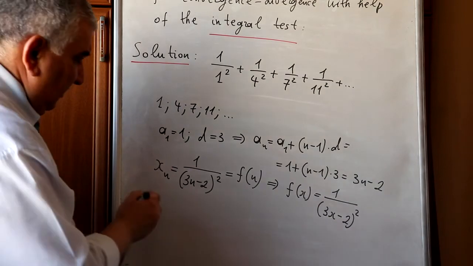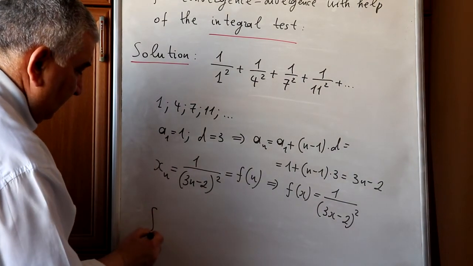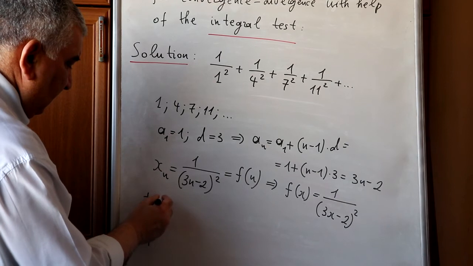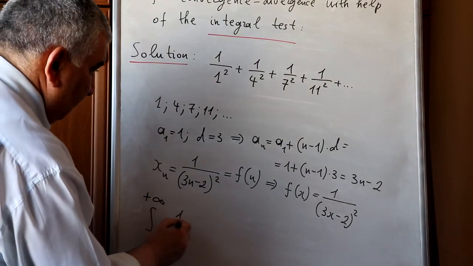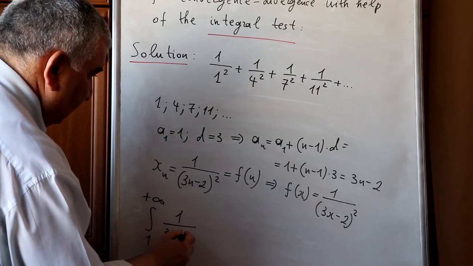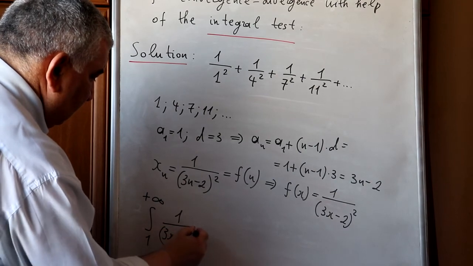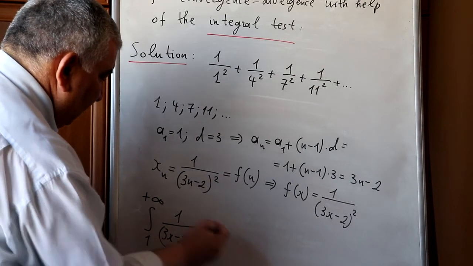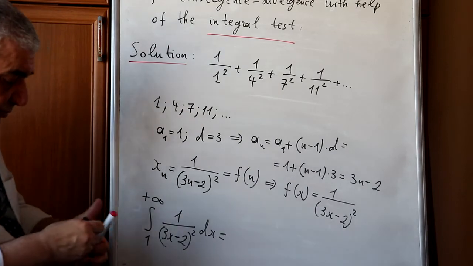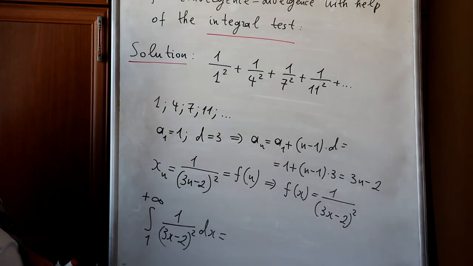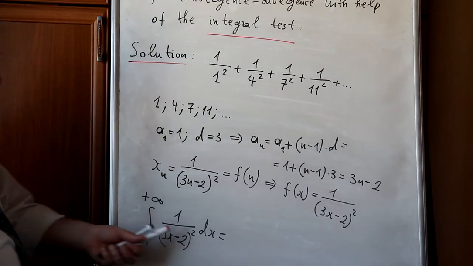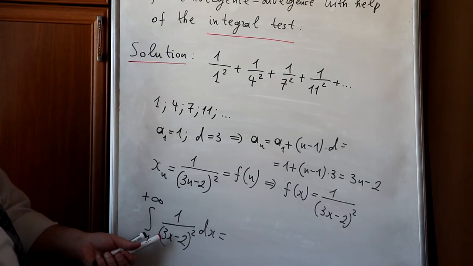Then calculate the integral from 1 to plus infinity of 1 over 3x minus 2 squared dx. It is improper integral because here the upper integral limit is infinity and the integrand is a linear composite function.